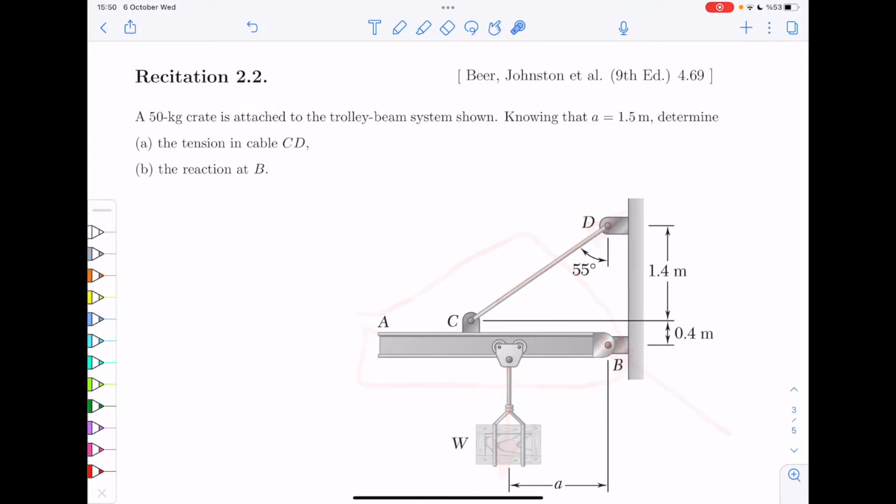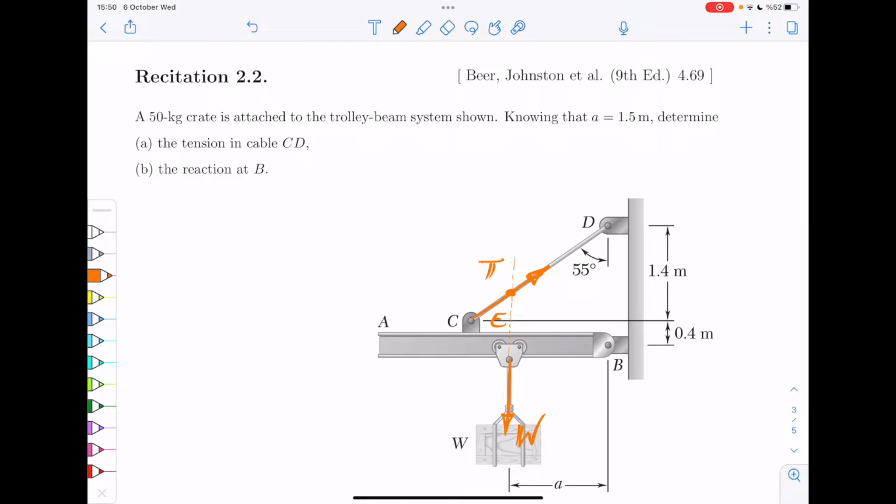So the first thing is that if you draw this T along this line, so this is your T, and then this is your weight. If I continue this line, you would cut it at this point. Let's call this point E. Now, the reaction force at B has to pass through this point, right?